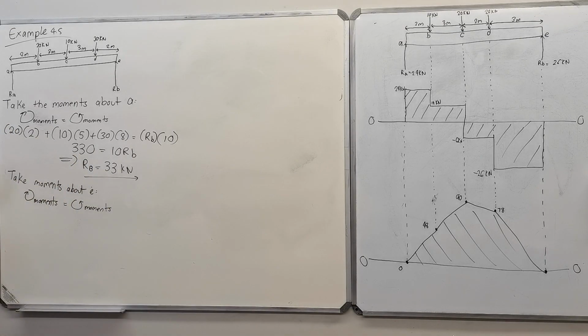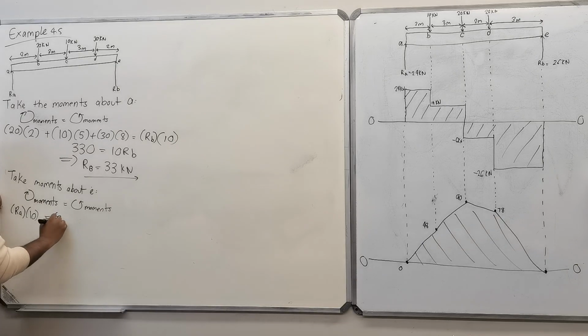If you're looking at E, what would cause the other end to move in a clockwise direction? Upwards force. So Ra, how far is that from E? 10. Rb acts at E. If upwards forces cause a clockwise motion, downwards forces will cause an anti-clockwise motion.